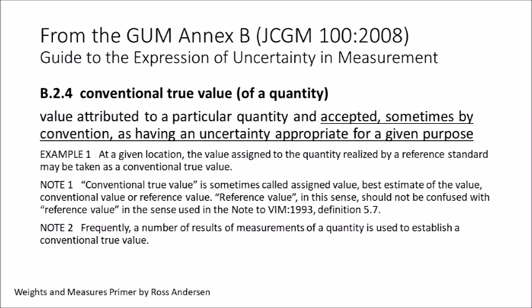This one comes from the GUM, the Guide to the Expression of Uncertainty in Measurement. And again, we see accepted sometimes by convention as having an uncertainty appropriate for a given purpose. And it is interesting in Note 2 that a number of results are sometimes used to establish a conventional true value.